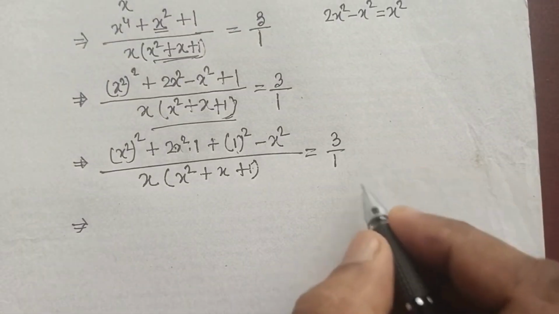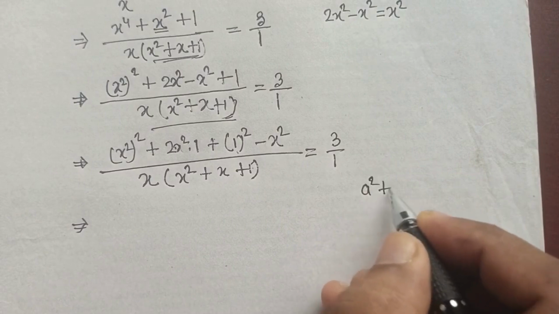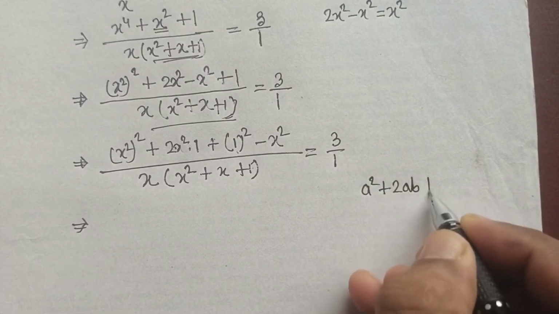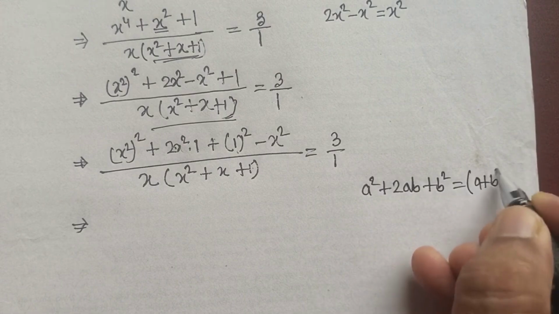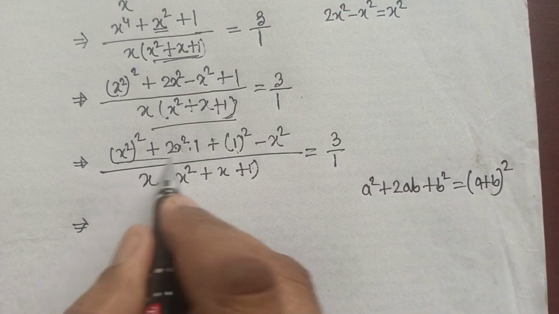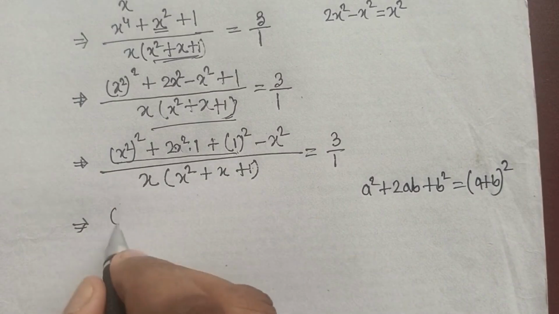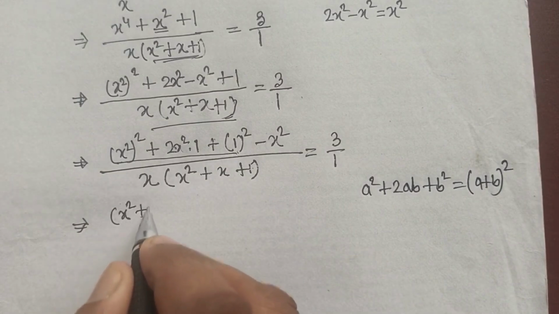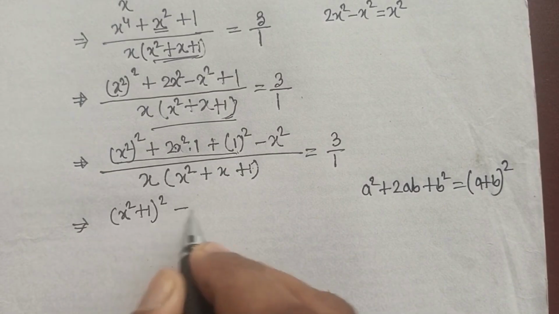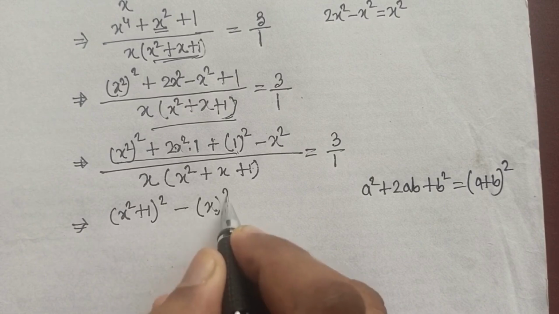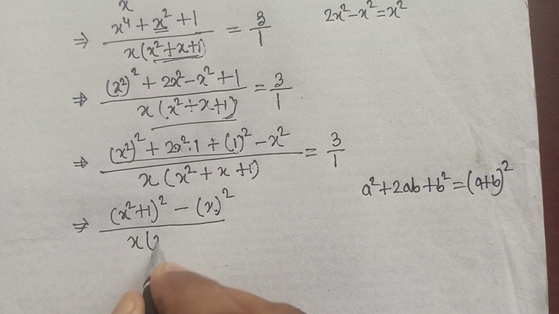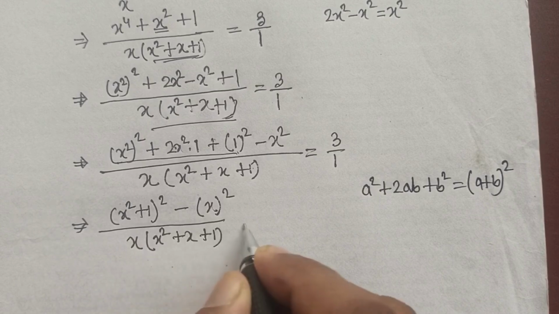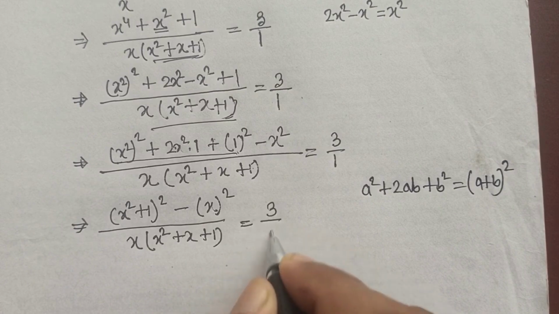Now we know the formula a^2 + 2ab + b^2 is equal to (a + b) whole square. So we can write the expression here, (x^2 + 1) whole square minus x^2, and the denominator will be the same, and it will be 3/1.